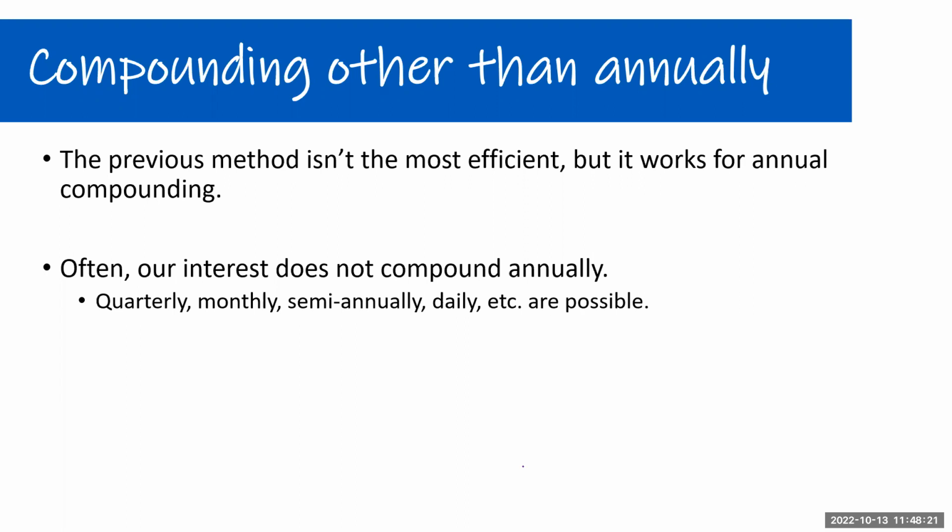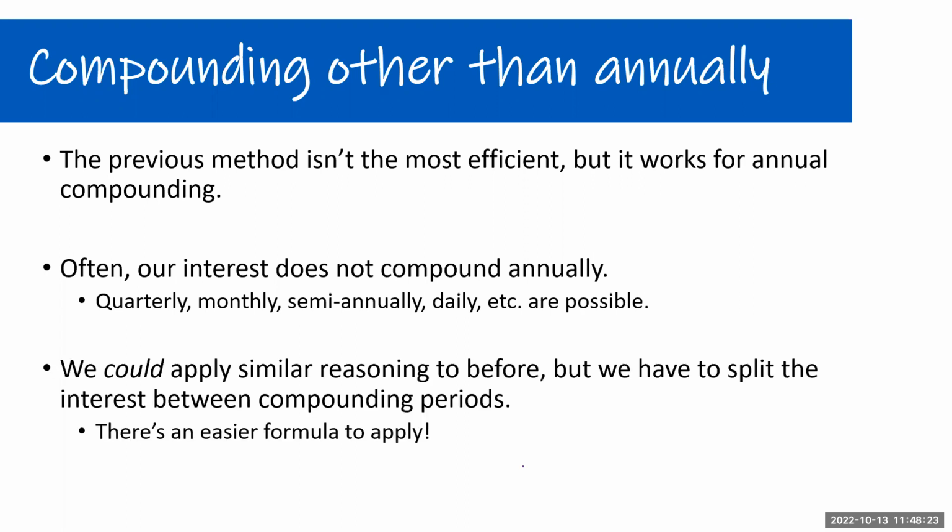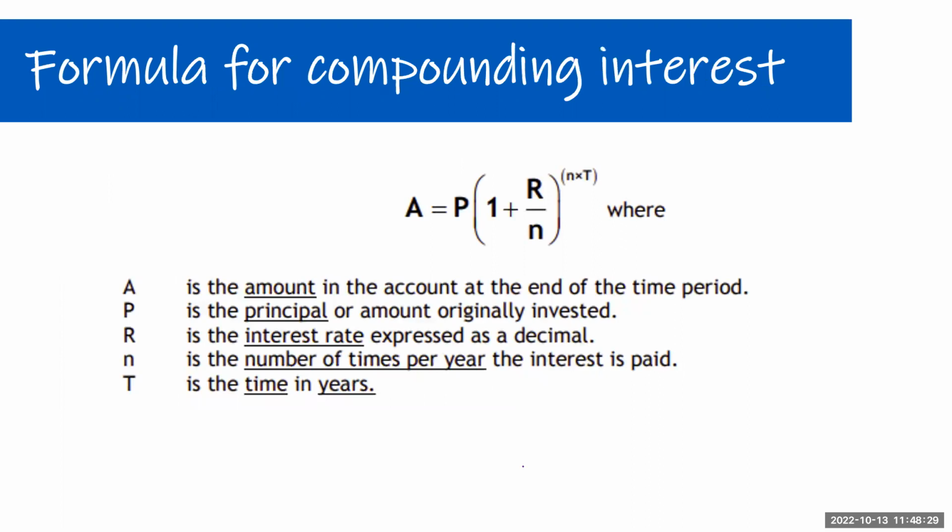So instead, there is an easier formula that we can apply. And the formula that we're going to use for compound interest is this. And again, remember, this part is just the explanation. This is the formula that you need. So here, A is the amount at the end of the time period of interest. P is the initial amount. R is going to be that interest rate.